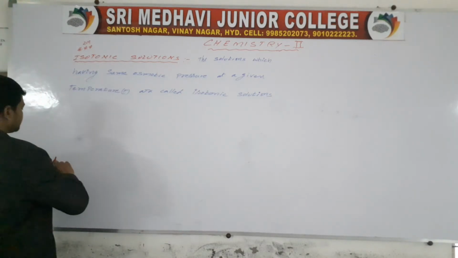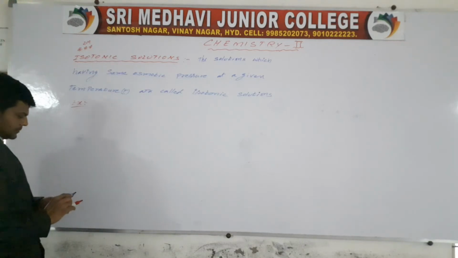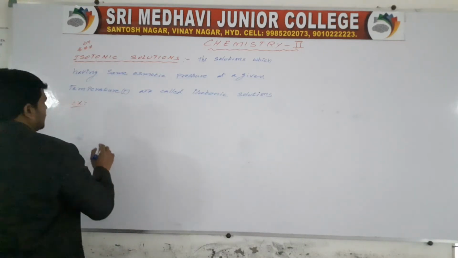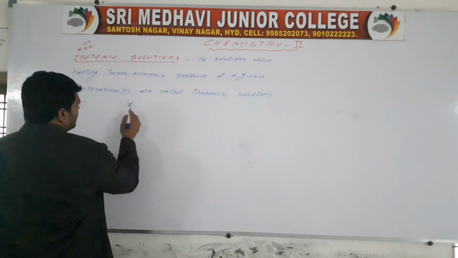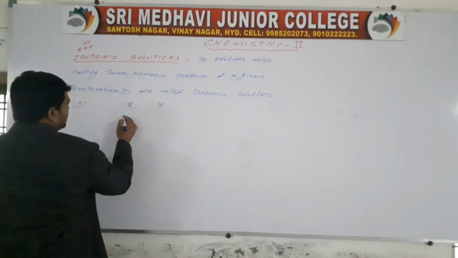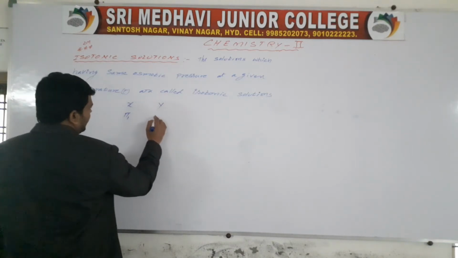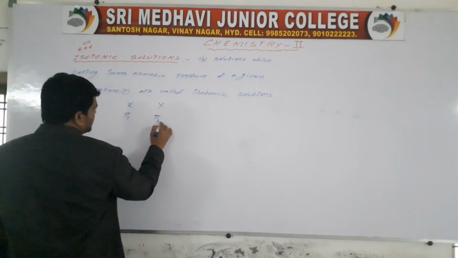Explanation. For example, X is a solution, Y is a solution. The osmotic pressure of X is pi 1, and the osmotic pressure of Y is pi 2.